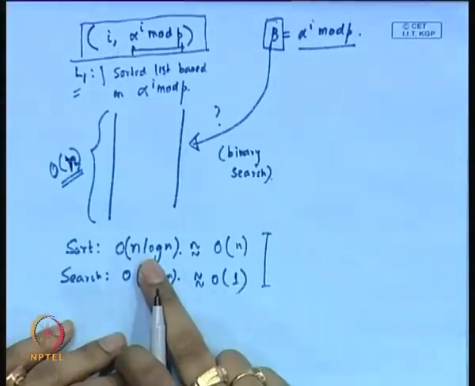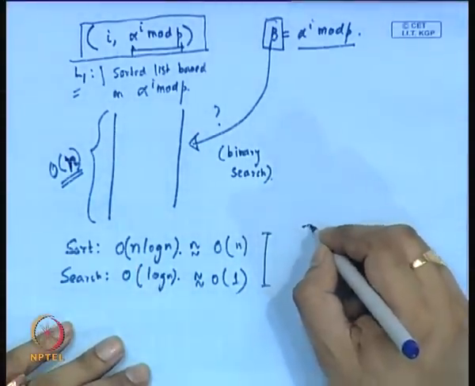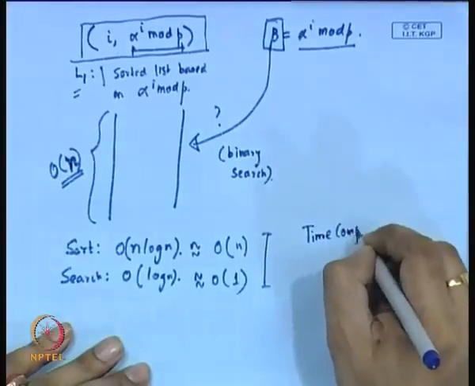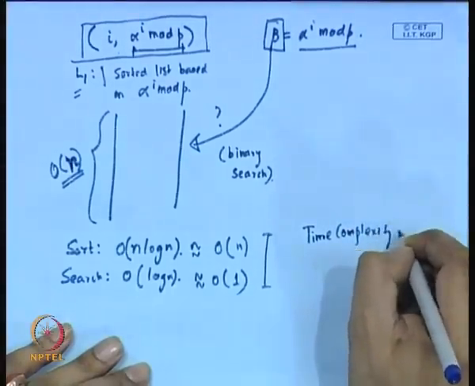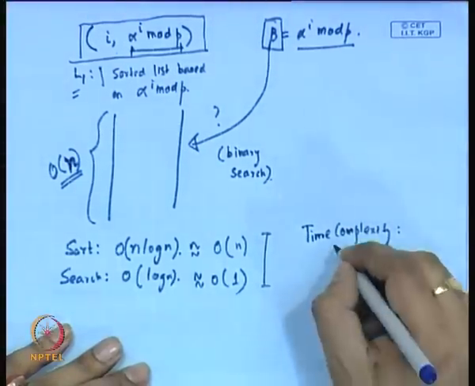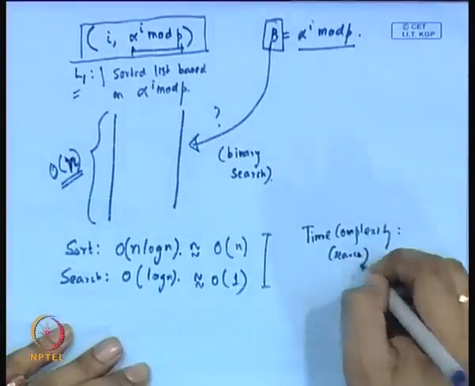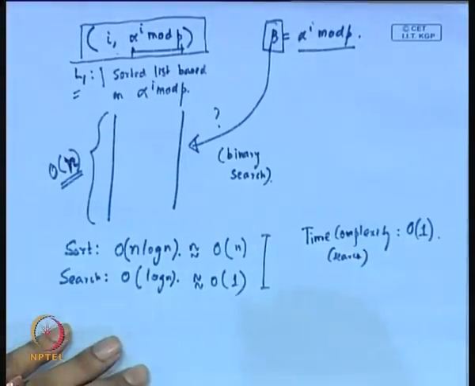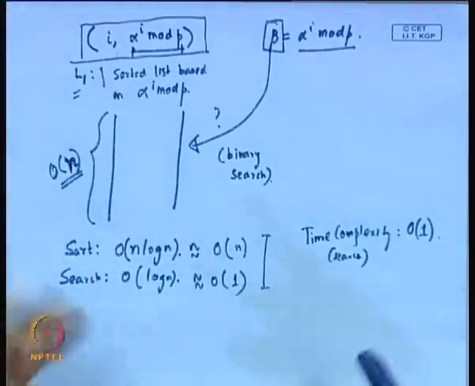Therefore in this case the time complexity to search is actually a constant time, order of 1. However, your memory complexity is order of n. So you see that this is just the opposite of what we saw at the beginning.